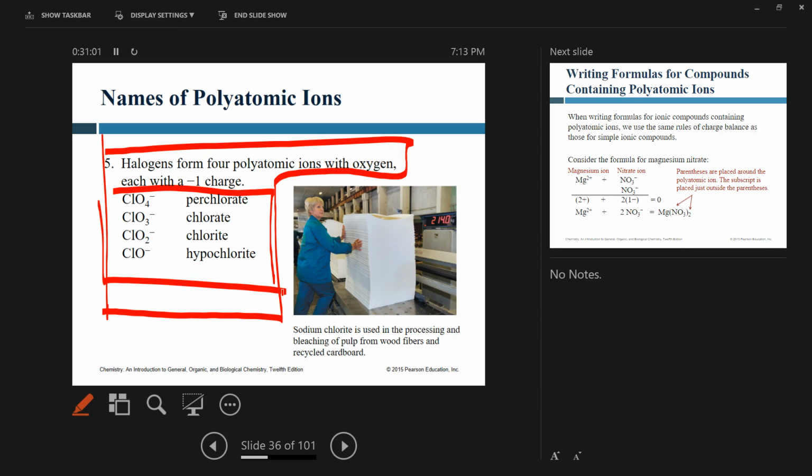It's 8. And 4 different polyatomic anions with chlorine. That's 12. And you see they aren't named completely different. So there is some intrinsic logic to the naming. If you remember the order, it's pretty straightforward. Okay? That makes sense? Good? Moving on.